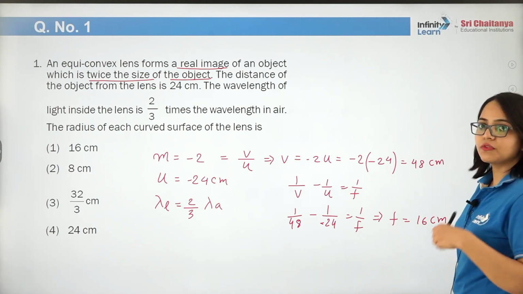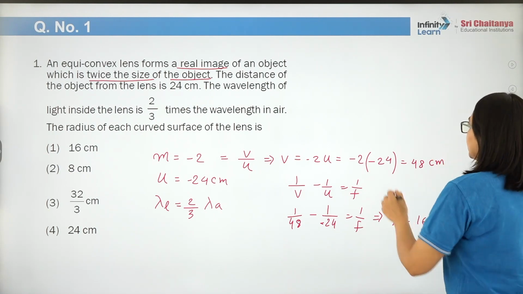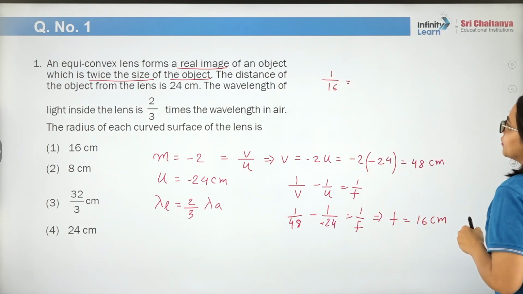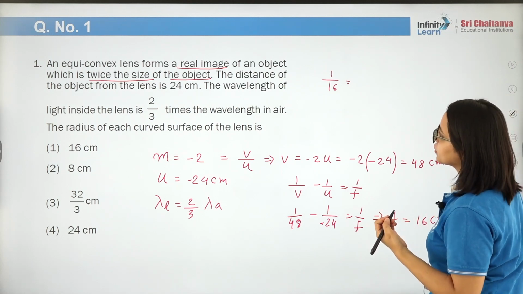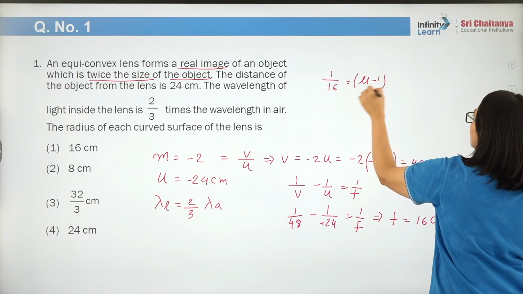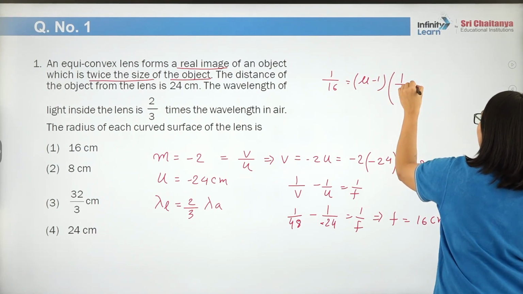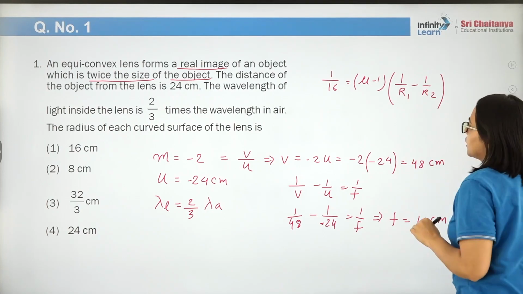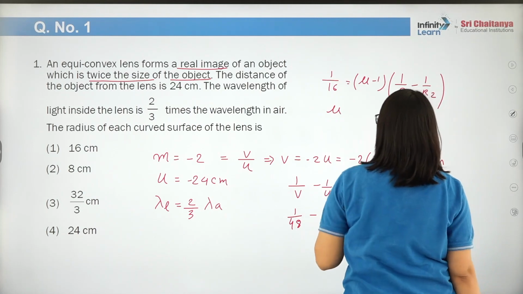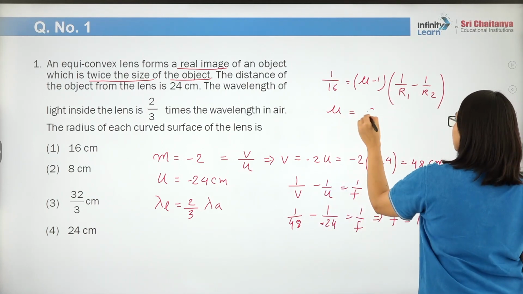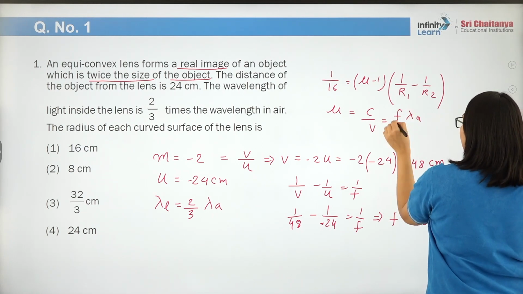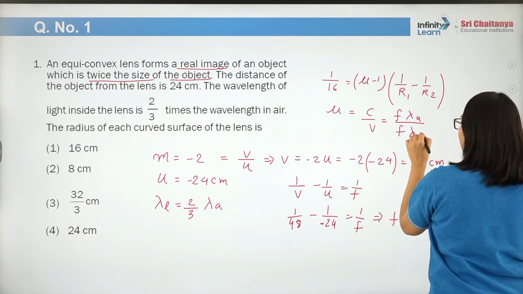Now apply lens maker's formula. So in this case, 1 upon F is 1 upon 16 is equal to mu minus 1, where mu is the refractive index of the lens, into 1 upon R1 minus 1 upon R2. But we know that refractive index mu is C upon V, which is frequency into lambda in air divided by frequency into lambda in glass.